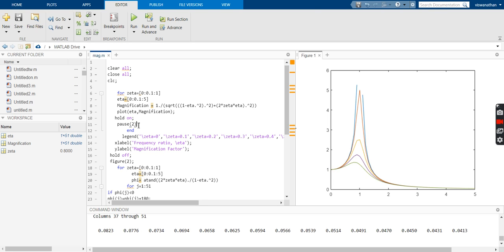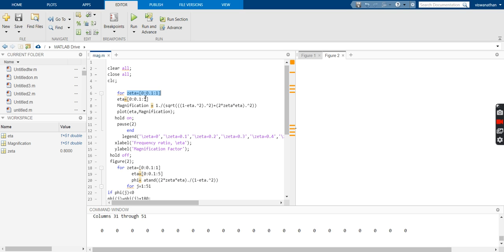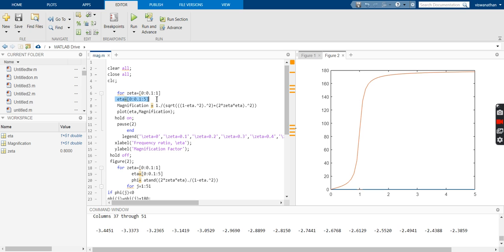This pause 2 gives a pause of 2 seconds for each value of zeta that is getting plotted. So this is the for loop where zeta varies from 0 to 1 and eta varies from 0 to 5, and this is the magnification factor formula, and you're plotting it.